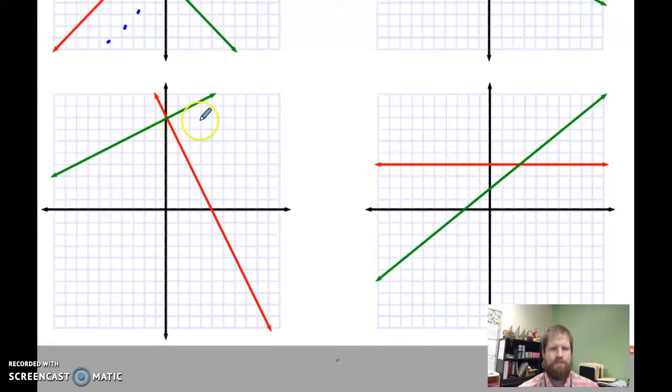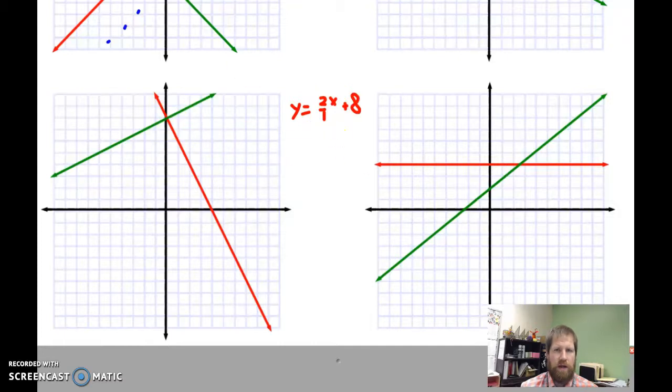We'll look at this one. For this one, our first line is 1, 2, 3, 4, 5, 6, 7, 8. So my y-intercept is +8, and it comes down 2 over 1, so 2 over 1 for my slope. f of x equals 2x plus 8.